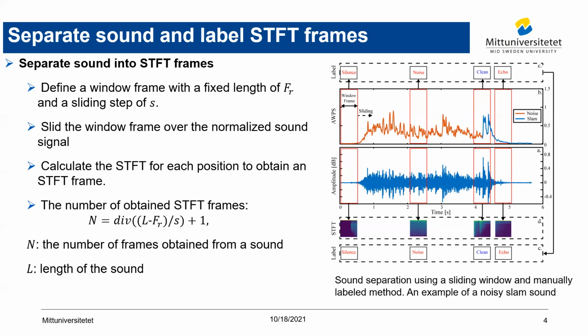We chose this STFT configuration so that the STFT frame size would be 224 by 224 pixels and be adaptive to popular CNNs such as VGG16 or VGG19. We chose the window frame length of 0.5 seconds as the sliding window, and we chose the sliding step of 0.1 seconds.